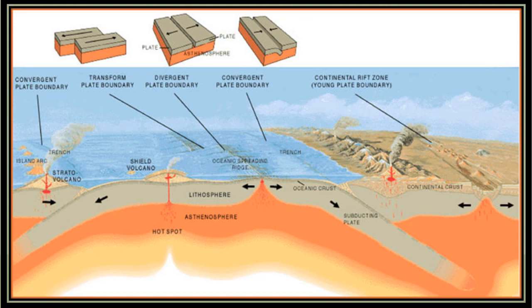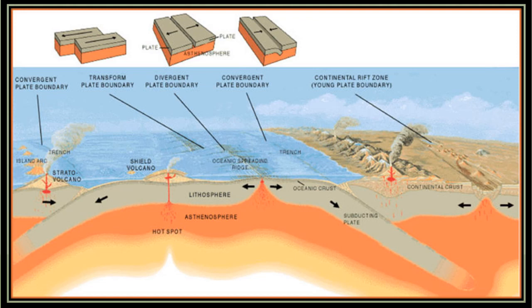In the upper part of the image we can easily see the convergent plate boundary, where the arrows show that the two plates are moving towards each other, and in the second part you can see arrows which are away from each other.